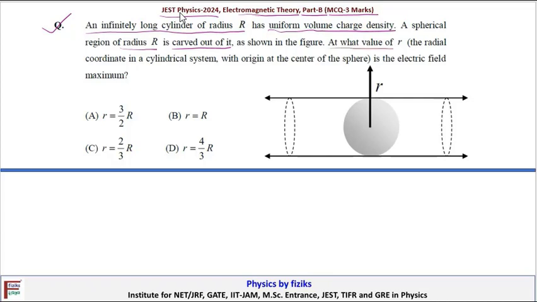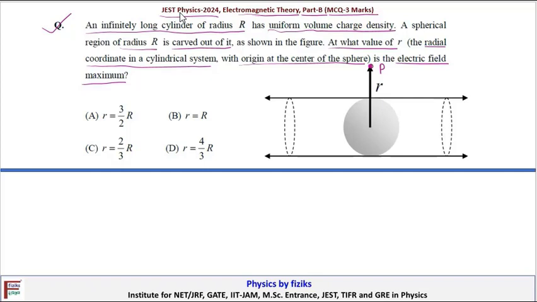At what value of r, where r is the radial coordinate in the cylindrical system with origin at the center of the sphere, is the electric field maximum? We have to see point P where the electric field is maximum. So 4 options are given.